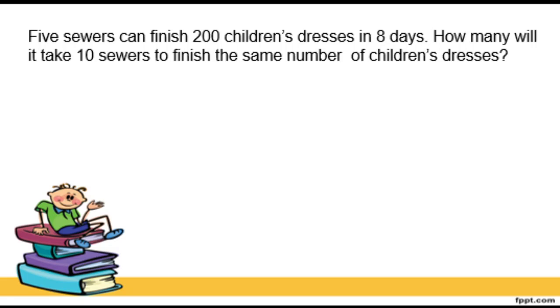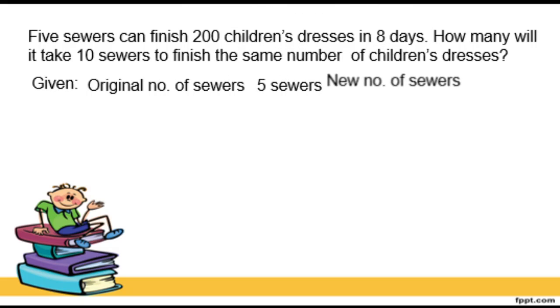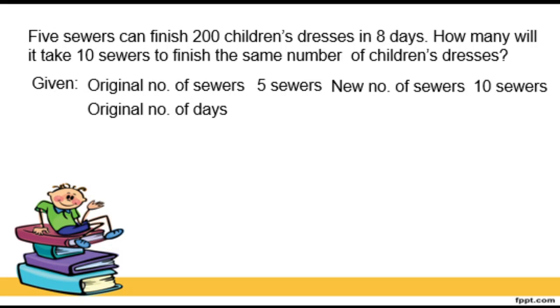So this time, sewers. There are 5 sewers who can finish 200 children's dresses in 8 days. How many days will it take 10 sewers to finish the same number of children's dresses? So of course, the original number of sewers is 5, the new number of sewers is 10, the original number of days is 8, and the new number is unknown.